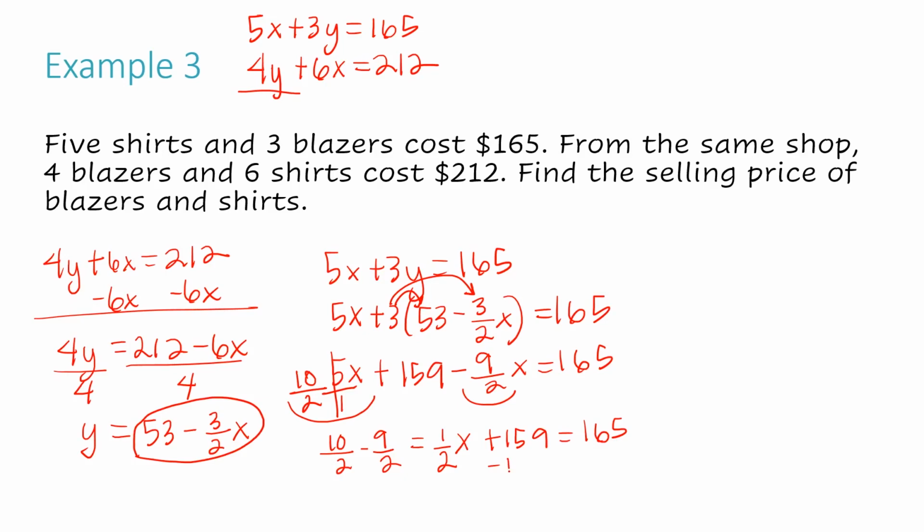So now I'm subtracting my 159 from both sides. And this is getting a little messy. Let me put this in a box to make sure you understand that this is the start of this equation, okay? And I'm left with 1/2 x equals 6.